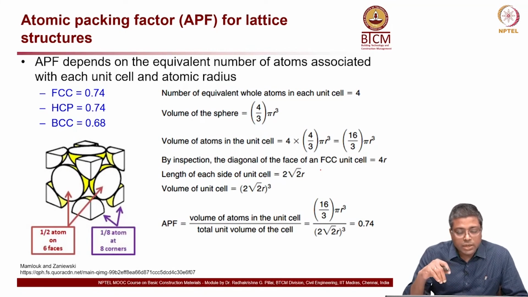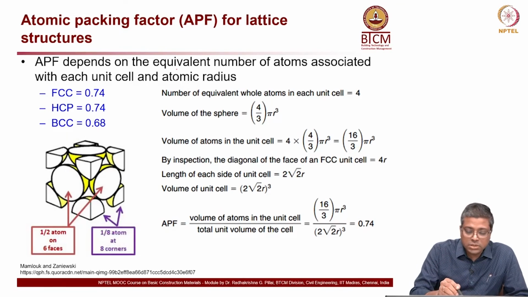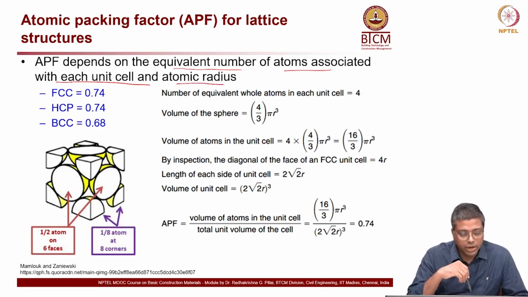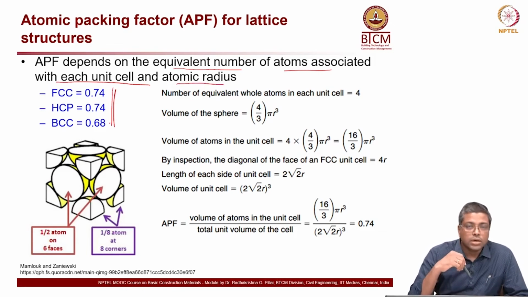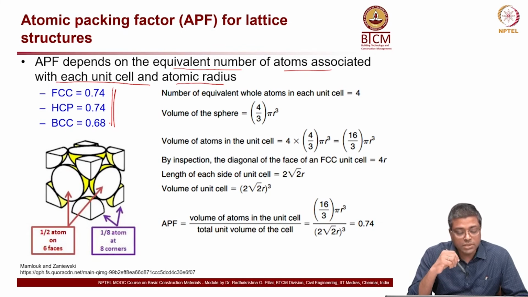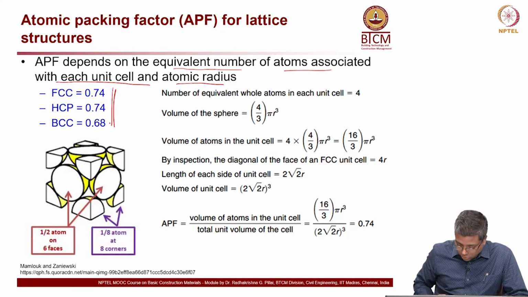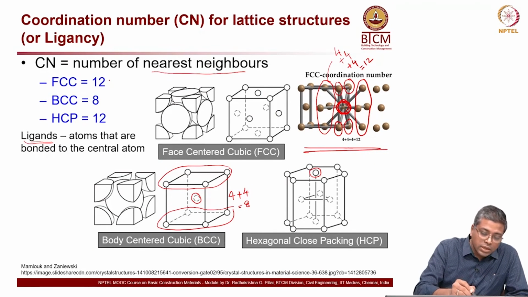Now, if you look at the atomic packing factor for lattice structure, this is dependent on the equivalent number of atoms associated with each unit cell and atomic radius. So, you can see here for FCC it is 0.74, for HCP also it is 0.74, and for BCC it is 0.68. So, if you look at the previous slide, for FCC and HCP, the coordination numbers are also similar.